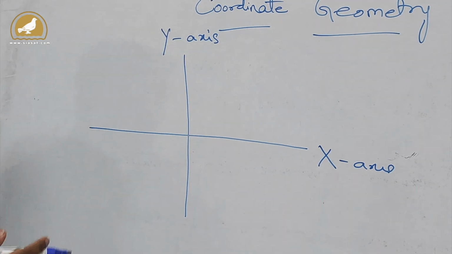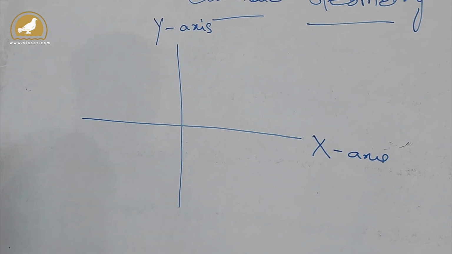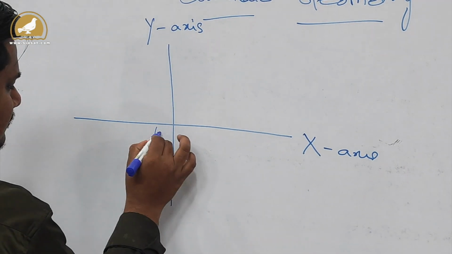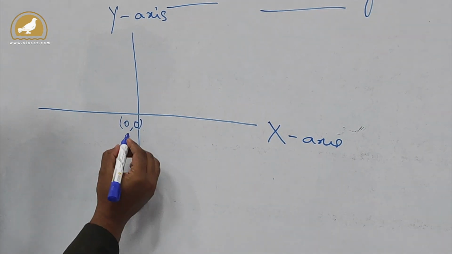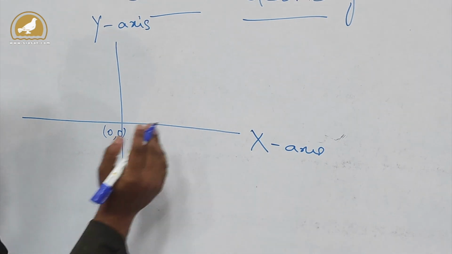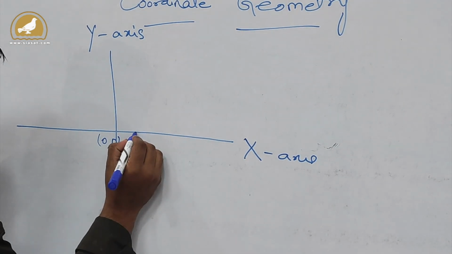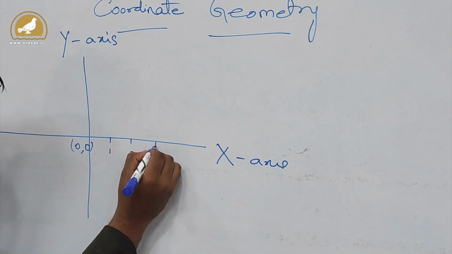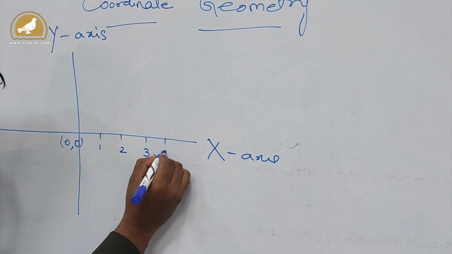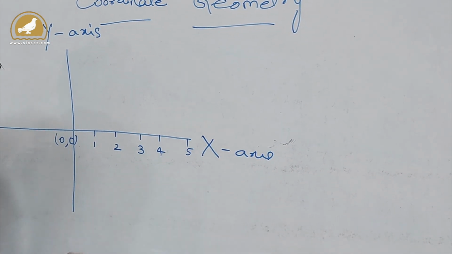The intersection point between the x-axis and y-axis is called the origin. It is (0, 0). If I plot points on the right-hand side of the origin, it is the positive x-axis: 1, 2, 3, 4, 5.